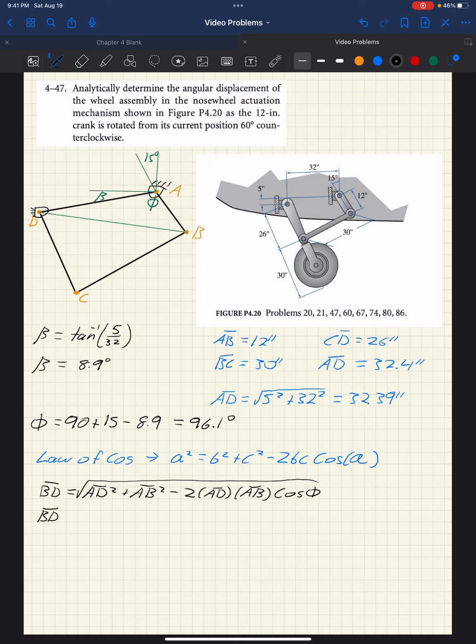So BD is equal to 32.4 squared plus 12 squared minus 2 times 32.4 times 12 times the cosine of 96.1, all under square root. That gives us BD equal to 35.7 inches.